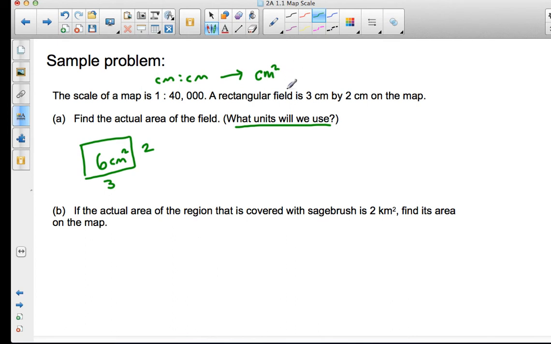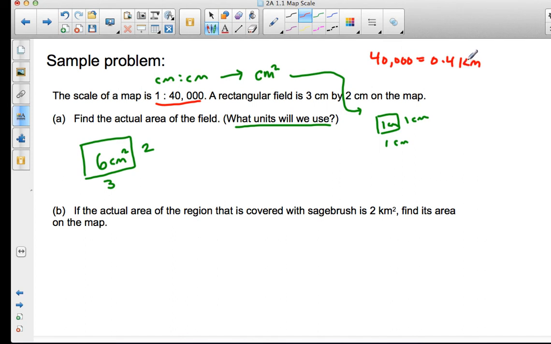Let's take a little sidebar over this way. So I know originally I have 1 centimeter to 1 centimeter, and that's going to get me 1 square centimeter. Well, 1 square centimeter is going to represent what? Let's take a look at my scale. 1 to 40,000. So 40,000 centimeters equals 0.4 kilometers. How did I get that?